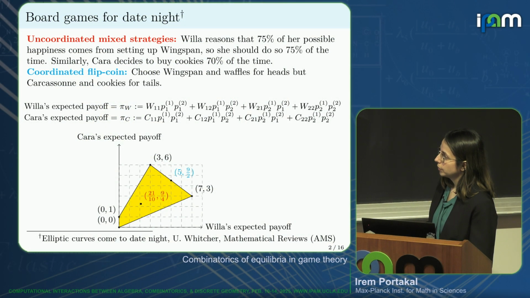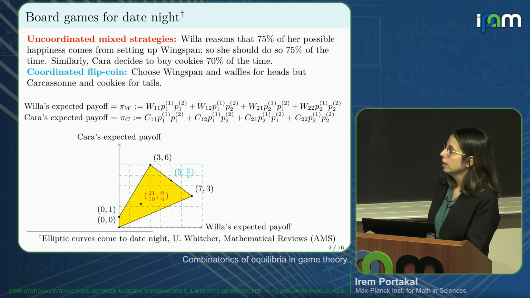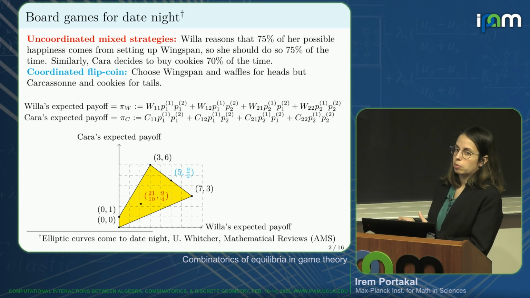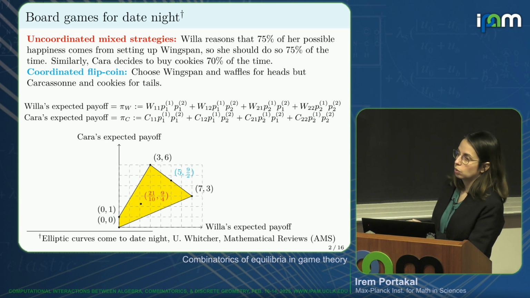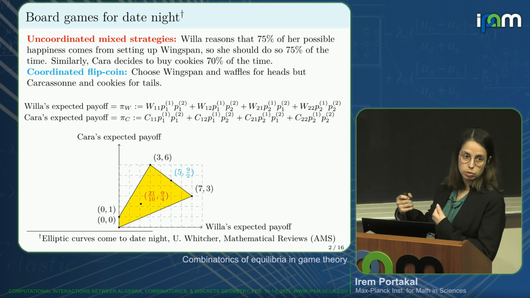And these 3, 6, and 7, 3 correspond to CC and W. And I have the flip coin in the middle of this edge. This is the fair choice, which looks like a good one. And I have this red one, which is also an equilibrium point that we're going to see, but it's much worse than the others. So usually game theorists are more interested in these so-called Pareto optimal ones, where you want to maximize your outcomes as much as possible.